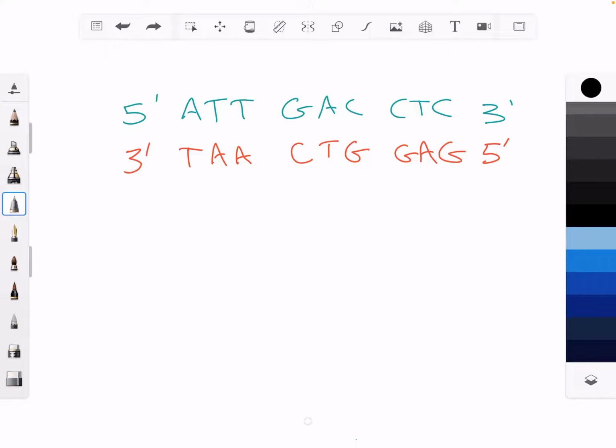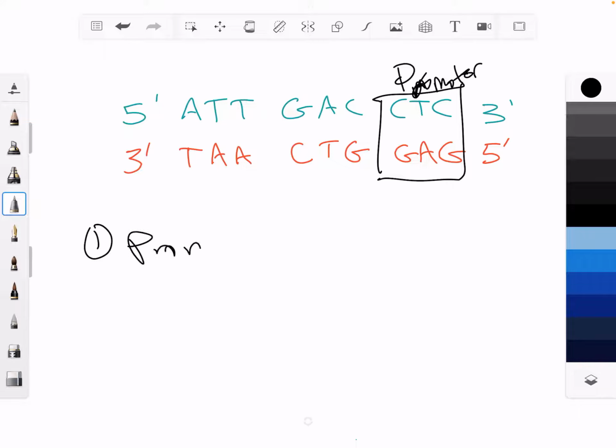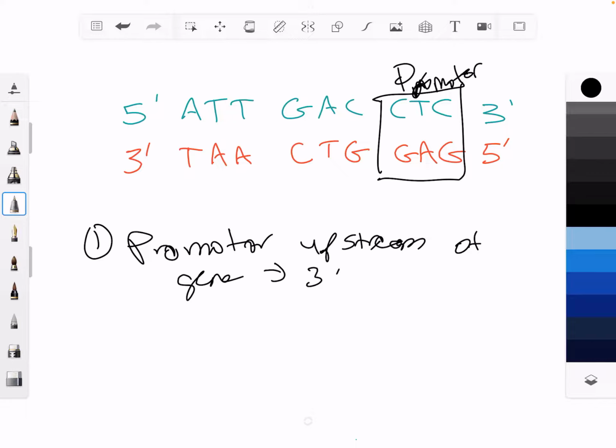Okay, taking it one step further, what if we're not told that the polymerase moves from left to right? What if we are told that this is the promoter region right here? A little bit messy here, but anyway, we know that the promoter is always upstream of the gene, by which we mean that the promoter is going to be towards or closer to the 3' end.